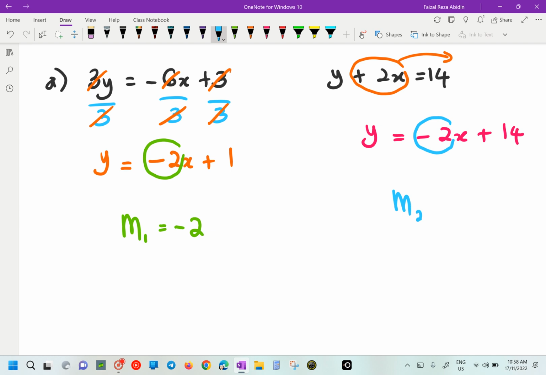Is it M1 equals to M2? Yes. So when you have M1 equals to M2, M is gradient, okay? So means that both of our straight lines here are going to be parallel.